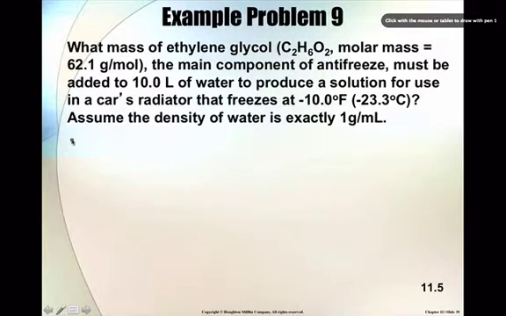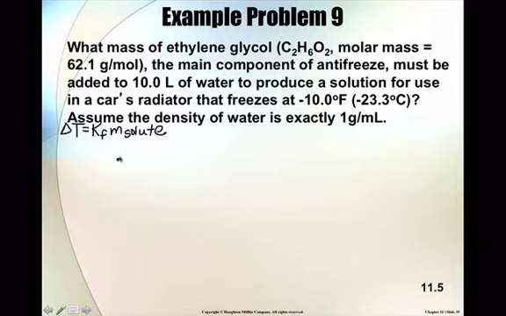So the first thing I'm going to do is remember what formula we're using here. And just like we did in the last problem, I can look up KF and I can figure out delta T. I'm going to solve for the molality of the solute first.